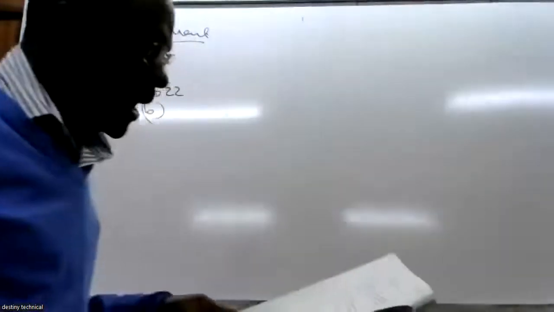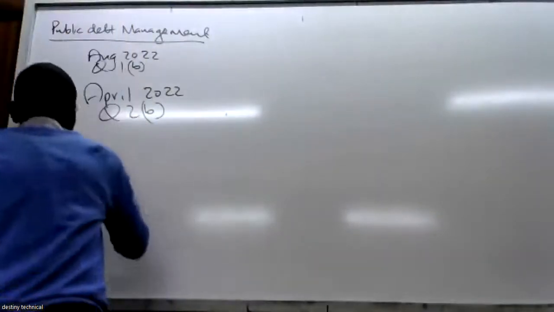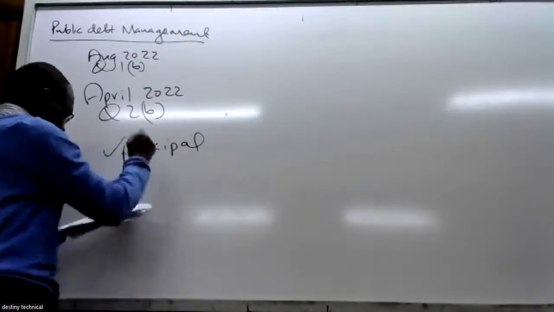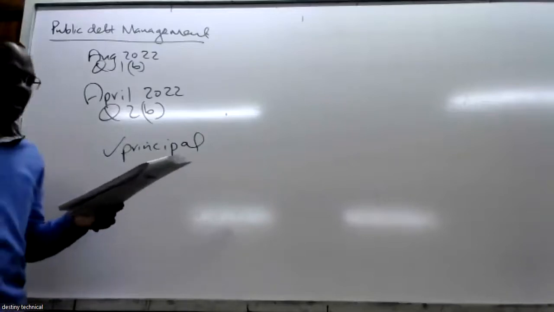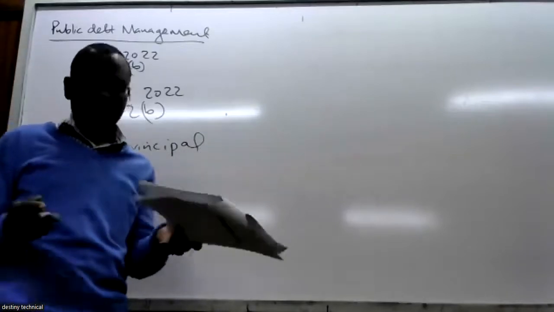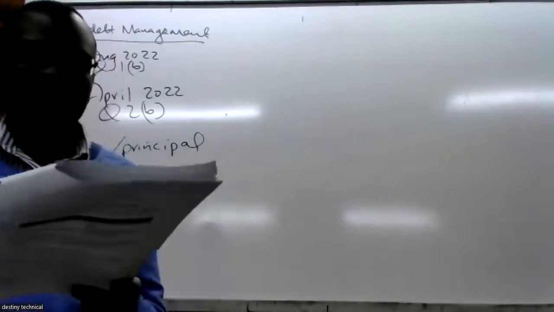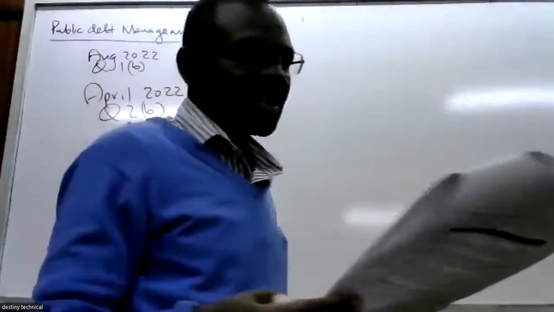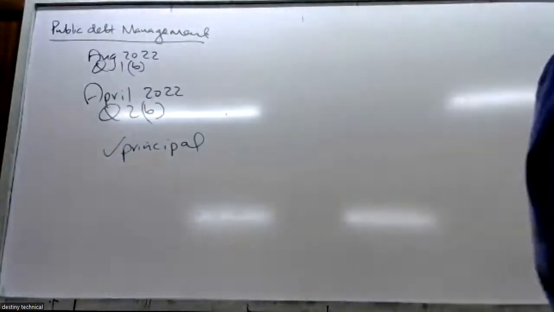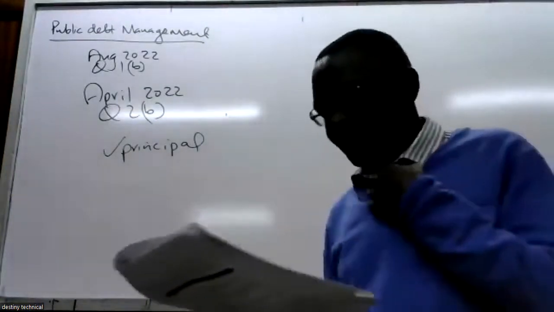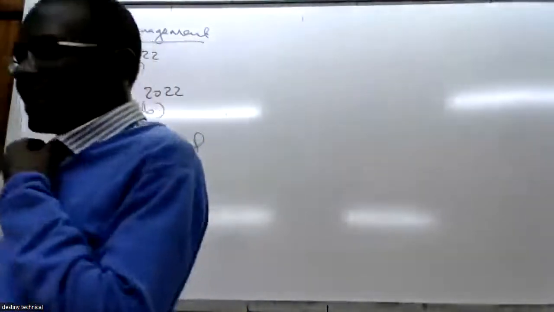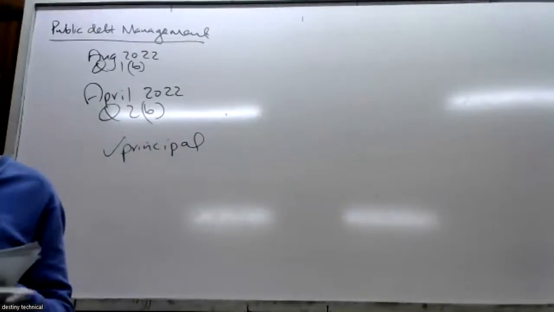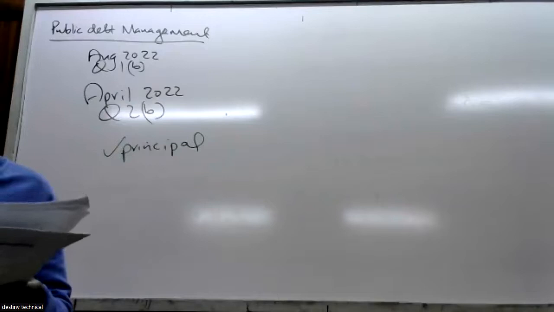Number 5, acting as the principal in the issuance of government debt securities on behalf of the National Treasury.